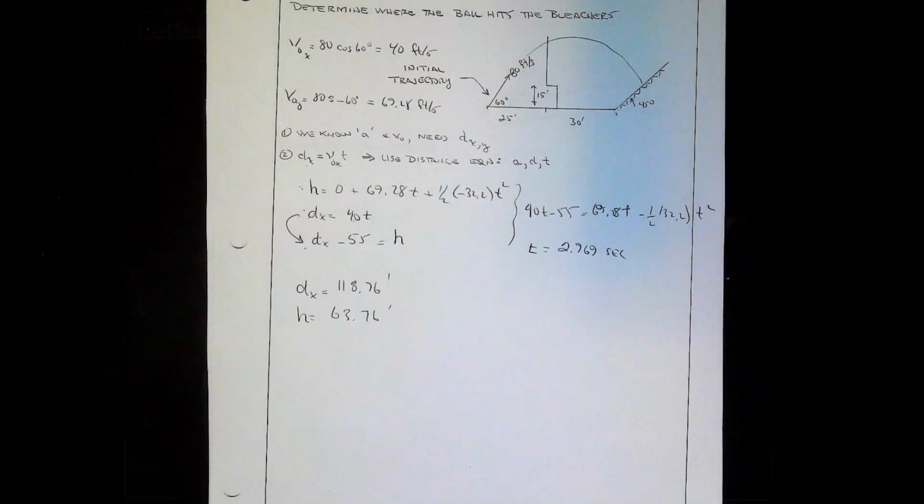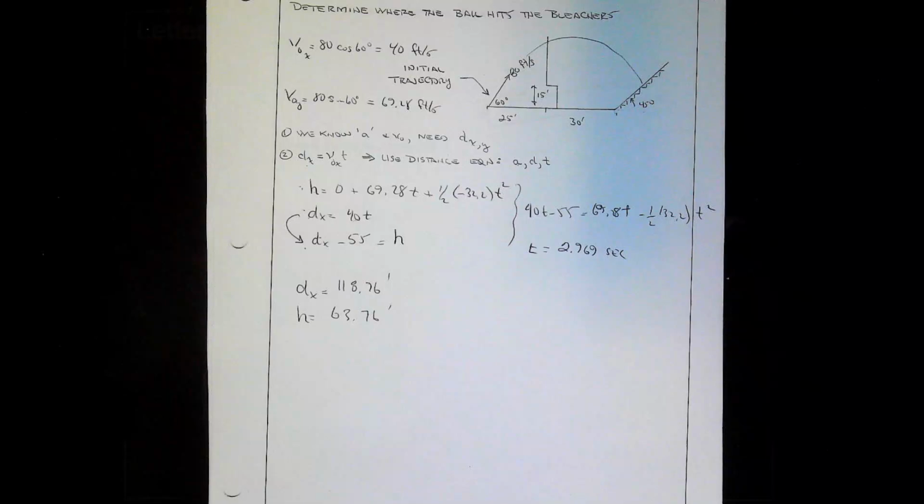go to solve it, I'll note we can simply stick this into here. So to solve this thing, sticking this into there, 40t minus 55 equals h, equals 69.28t, little ugly, minus 1/2 32.2 t squared.